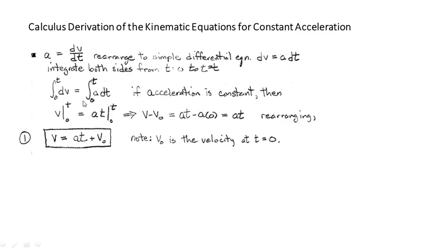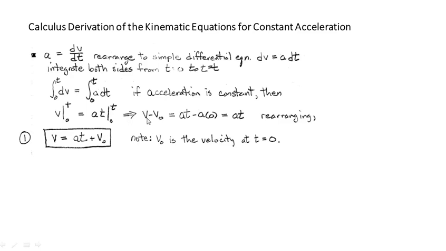So we go ahead and set up this integral, and if acceleration is constant, this gives us the velocity evaluated at time equals 0 and t is equal to the acceleration times time evaluated at time equals 0 and time equals t.